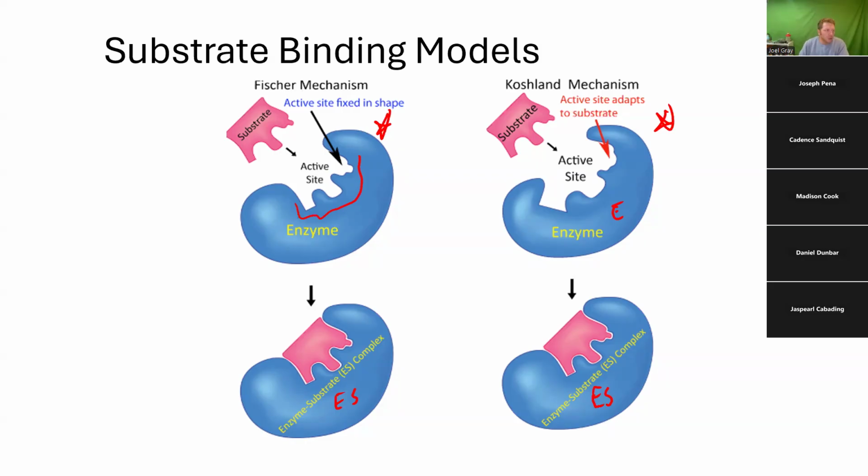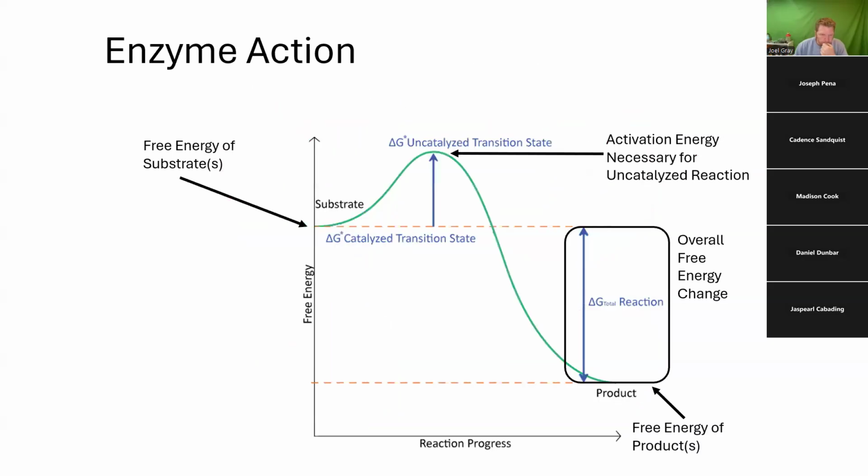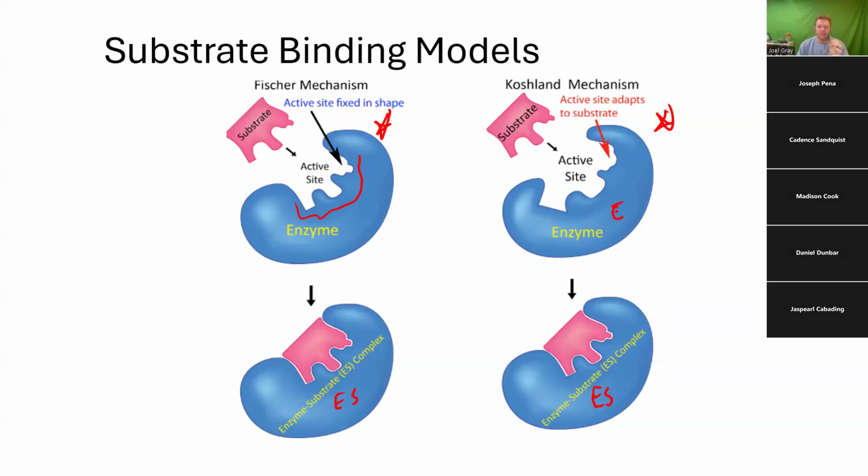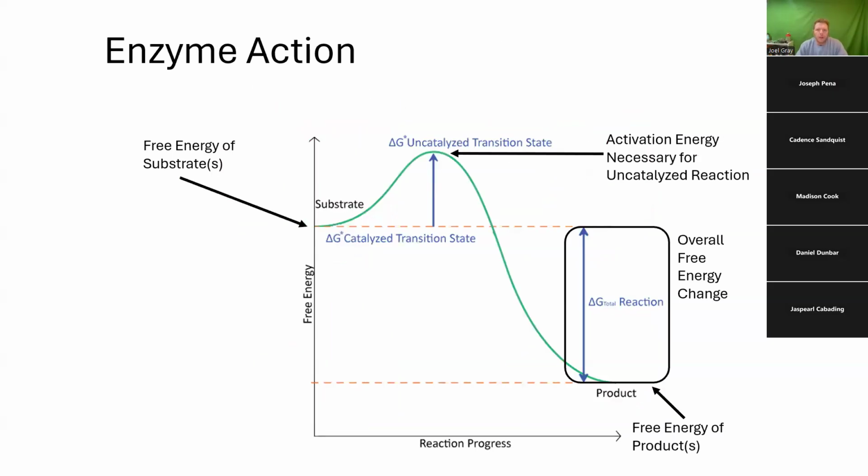I want you to know that the active site in some enzymes will adjust itself to fit the substrate, and in other enzymes it will not necessarily adjust. This is your enzyme substrate interaction. Some of them are rigid and some are a little bit more mobile.